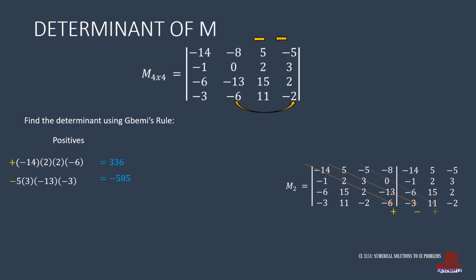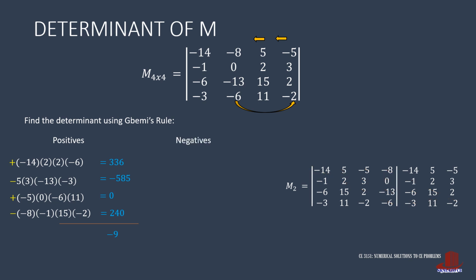The third diagonal has -5, 0, -6, and 11, multiplied to give 0. And the last diagonal has the elements -8, -1, 15, and -2, which results to 240. Adding all positives give -9.